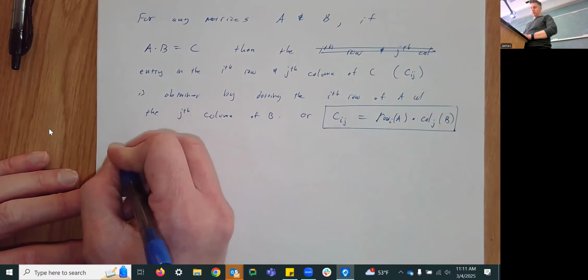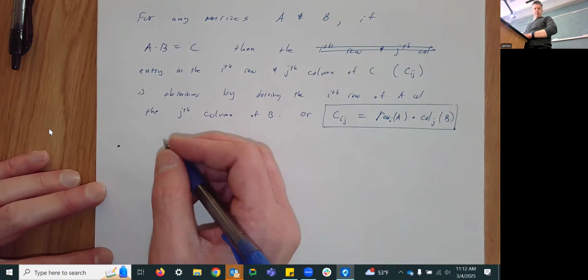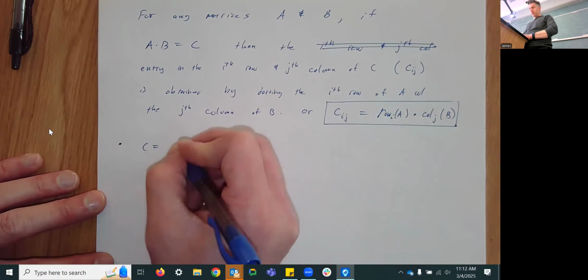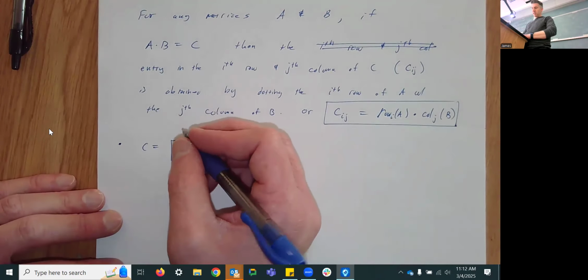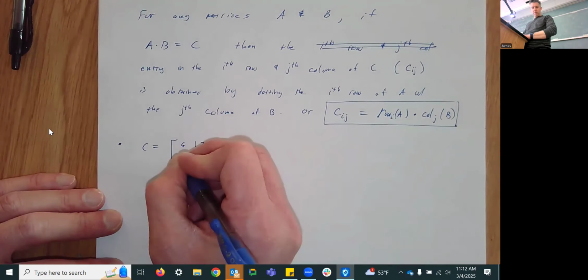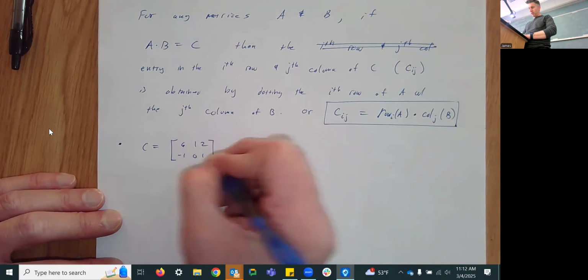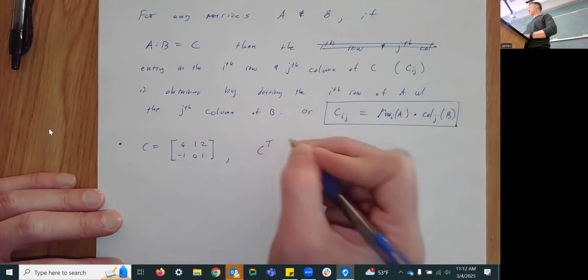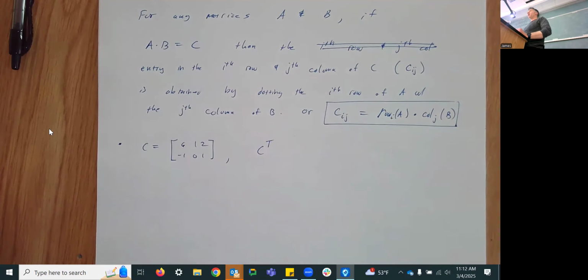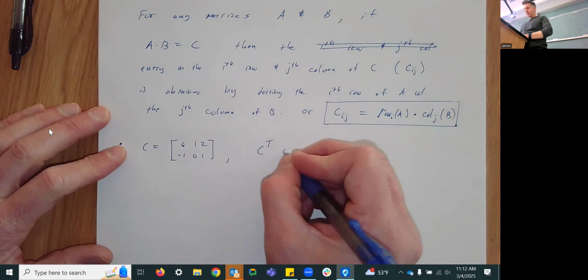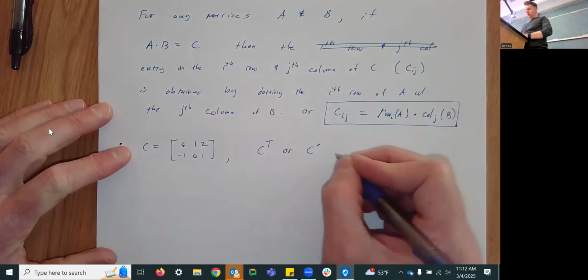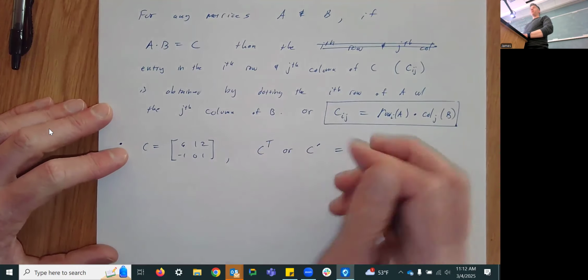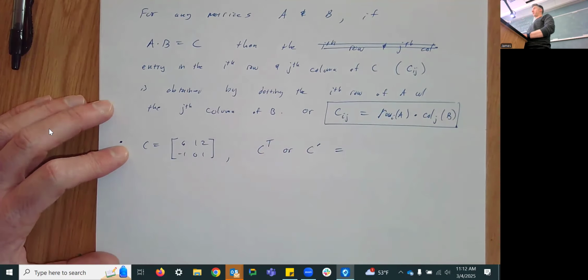Just to make sure everyone's on the same page, I'm still using the same matrices from before. If C is equal to 6, 1, 2, negative 1, 0, 1, then the transpose matrix, which is usually written as a superscript capital T, although some people use a prime notation, so you could write it as C prime, although it's less typical, is basically: every row becomes a column, every column becomes a row.